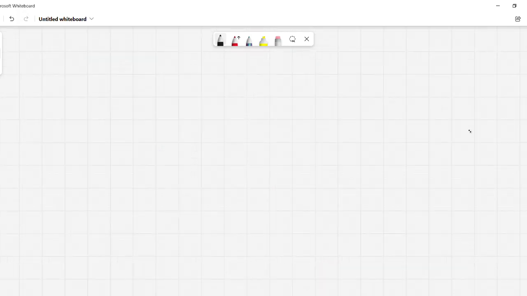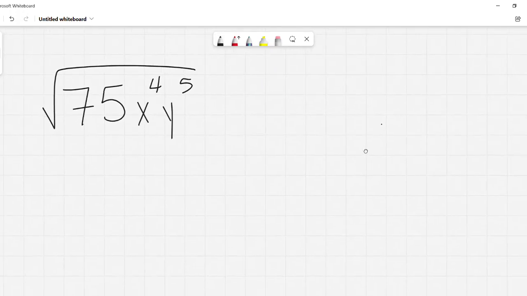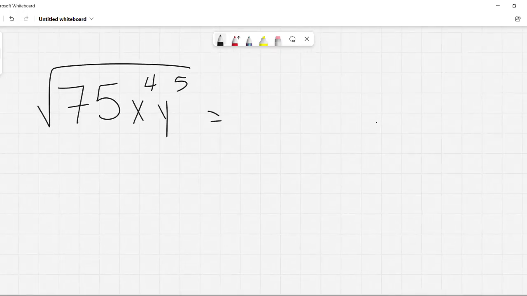Okay, so let's say something like, combining what we've done previously, square root of 75 x to the 4th, y to the 5th. This is just a combo of everything we were doing. So we look at it piece by piece. First, square root of 75. I'm just going to write everything out. 75, I do my little process.